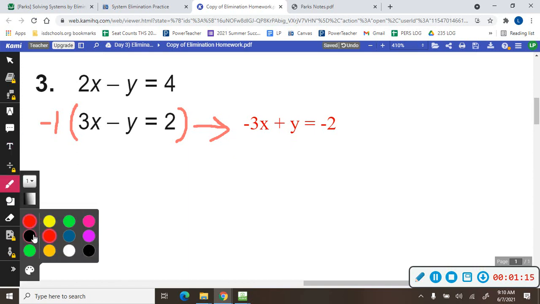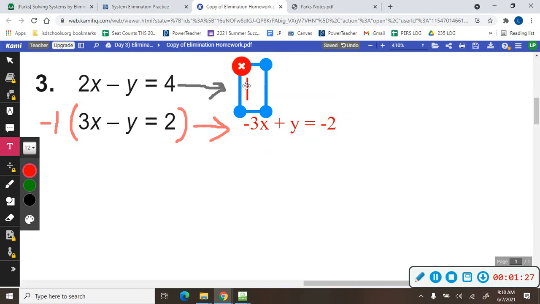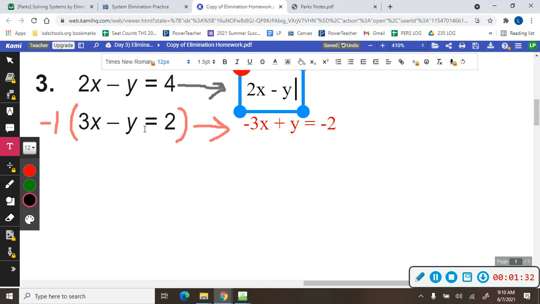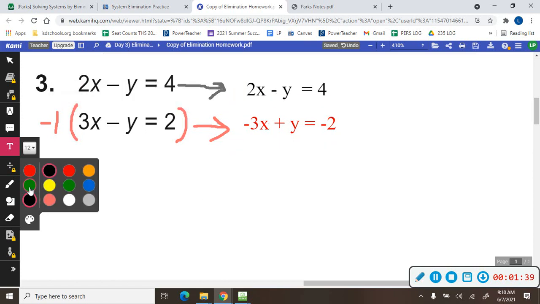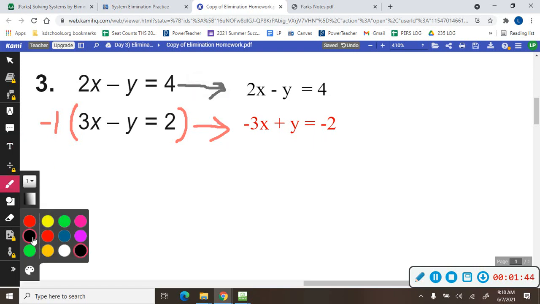Now this equation, I could just leave it alone. So if I leave that alone, I get 2x minus y equals 4. Now I can add these together, because these are opposites.